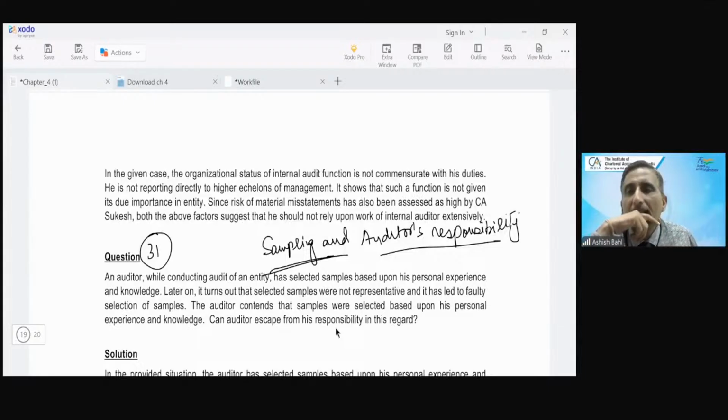Question number 31. As an auditor, while conducting audit of an entity, you have selected samples based upon your experience and knowledge. Later on, it turns out that the samples were not representative and the selection of samples was faulty. The auditor contends that samples were selected based upon his personal experience and knowledge. Can the auditor escape from his responsibility?